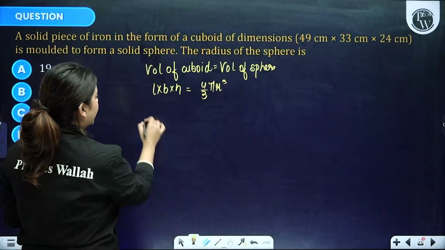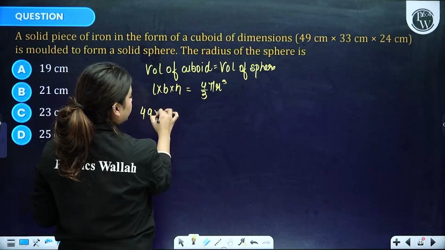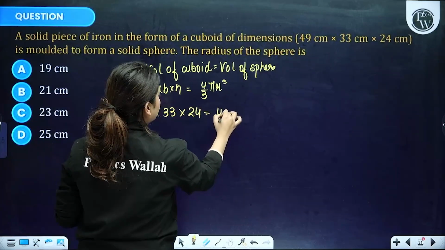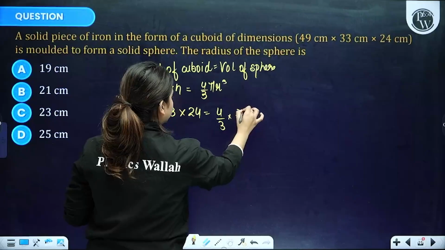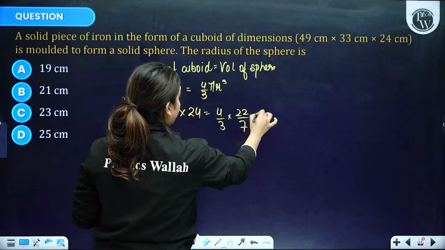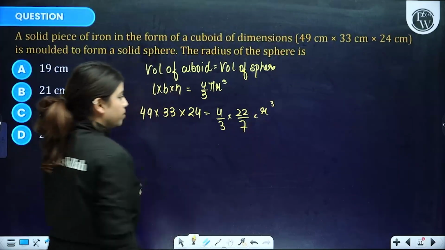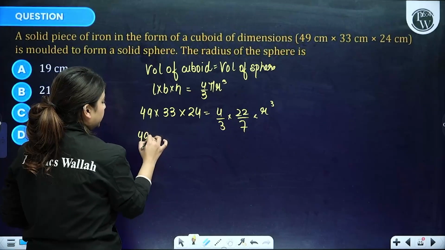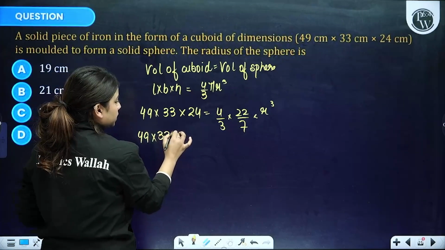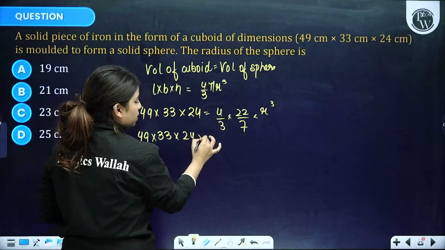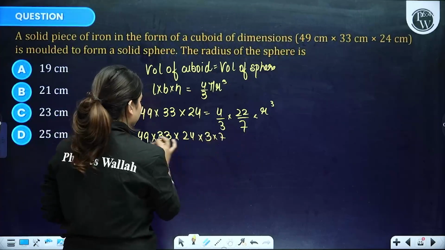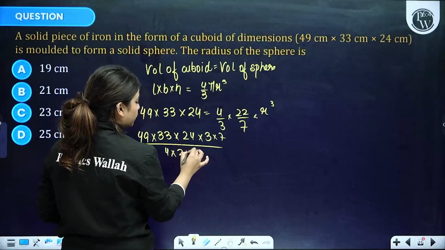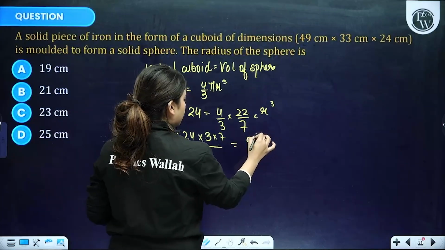Length is 49, breadth is 33, height is 24. 4 by 3 into 22 by 7 into r cube. Let's take everything there. So it will become 49 into 33 into 24 into 3 into 7 divided by 4 into 22, which will give you r cube.